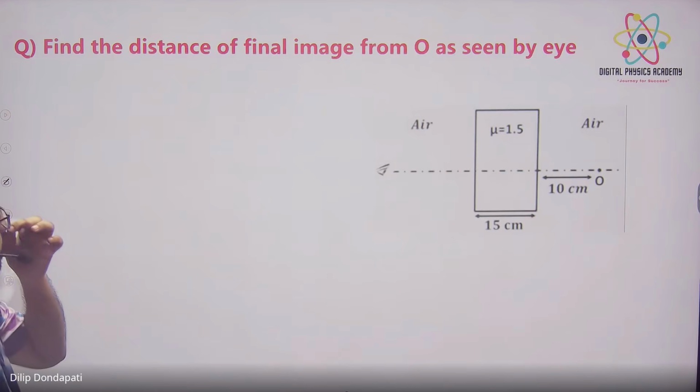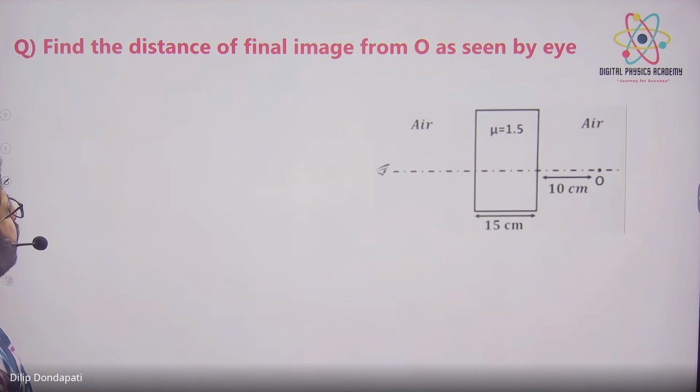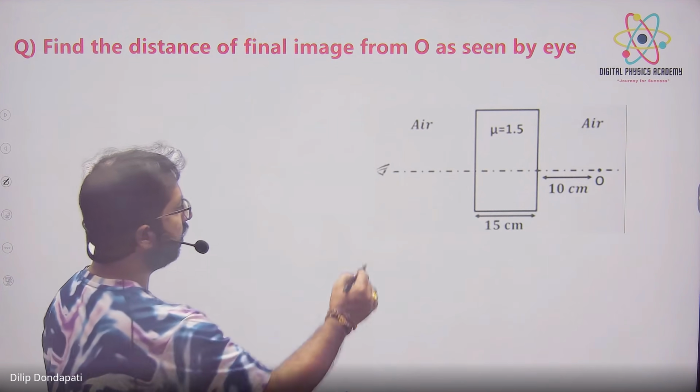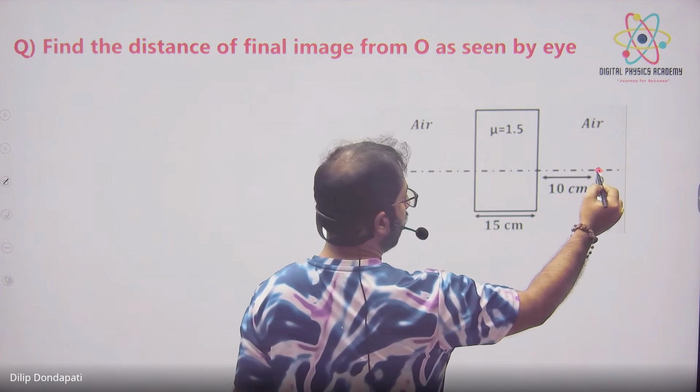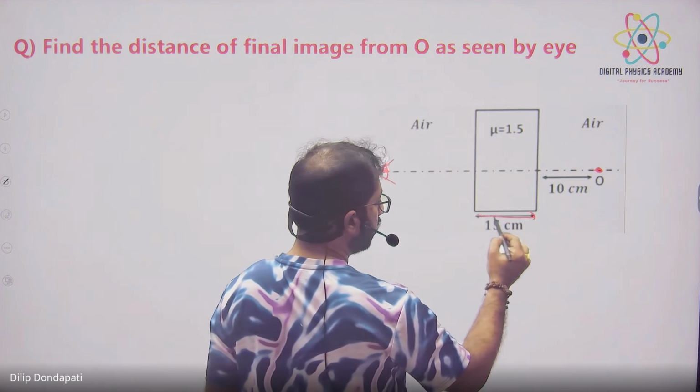Do the question. Find the distance of the final image of O as seen by the eye. The eye is here, the object is here, and this is a slab of thickness 15 centimeters.